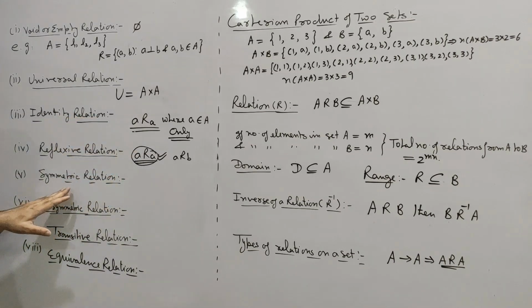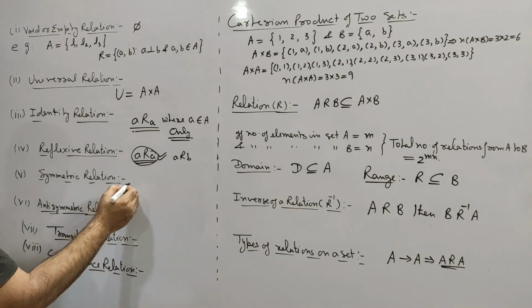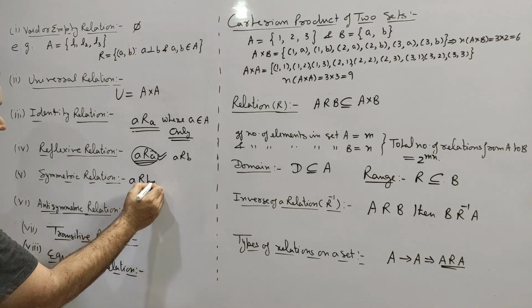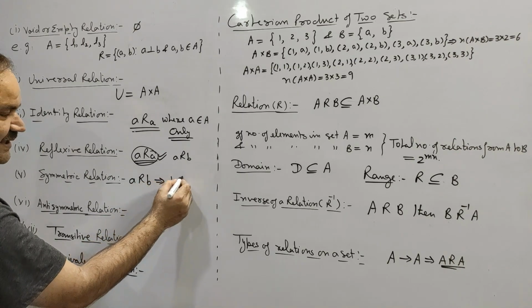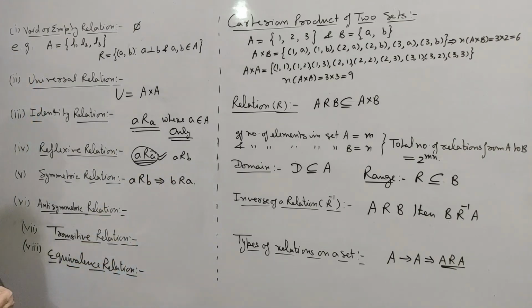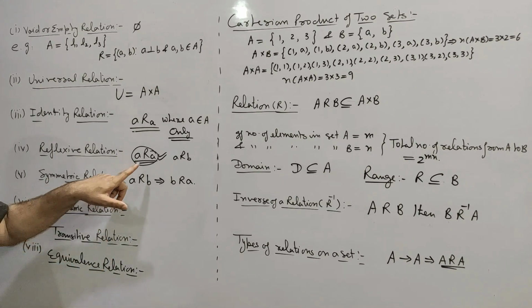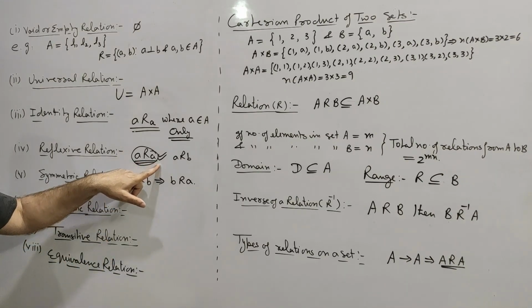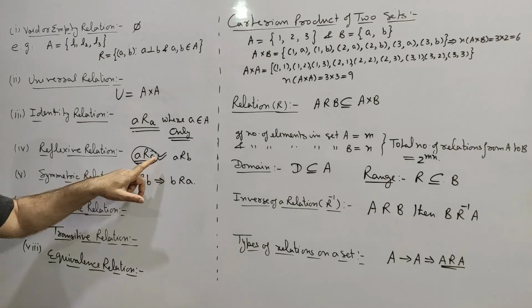So now we come to the symmetric relation. A relation is said to be symmetric if a related to b implies b related to a. Say if we take a set consisting of parallel lines, then every line will be considered parallel to itself. So every line will be associated or related to itself.